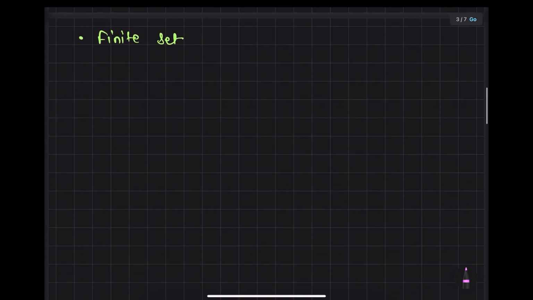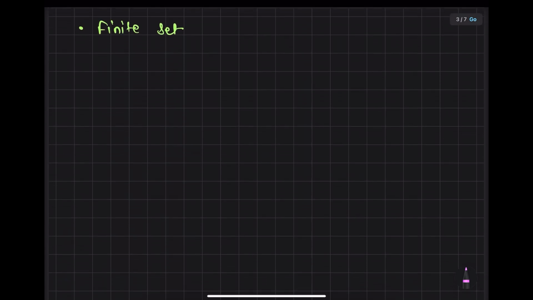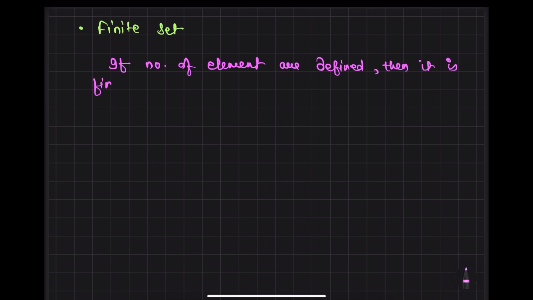Now look at this, this is finite set. If the number of elements are defined, then it is finite set. Suppose that there are 10 elements, 20 elements, 30 elements, 50,000, 5,000, 2,000.